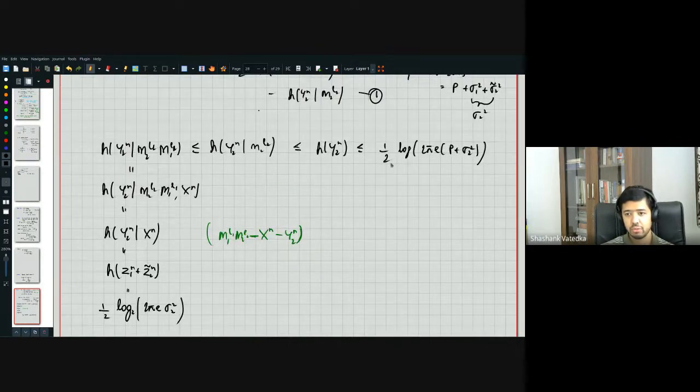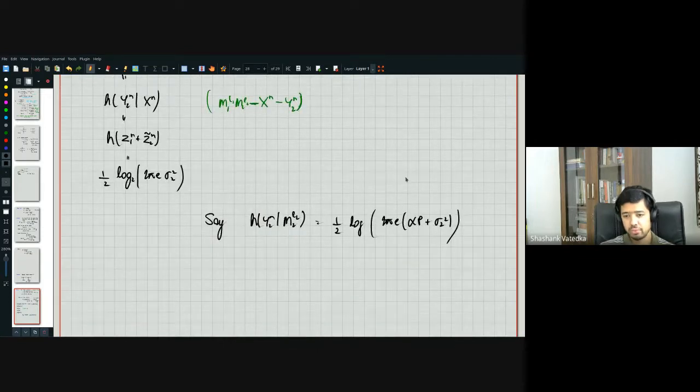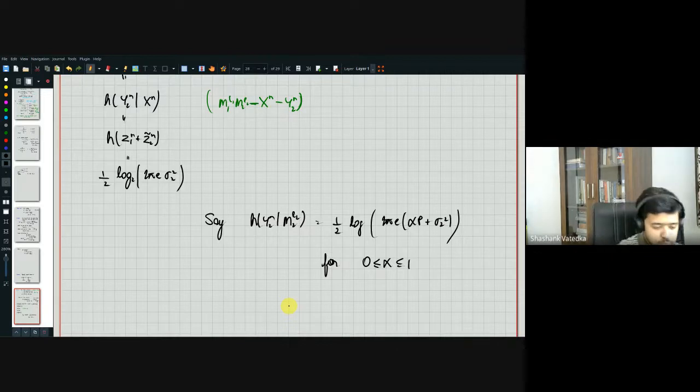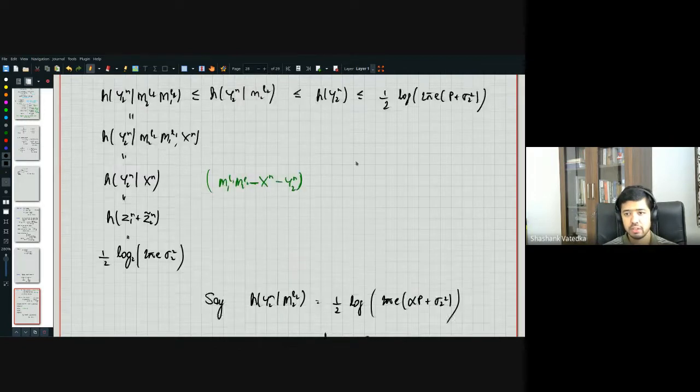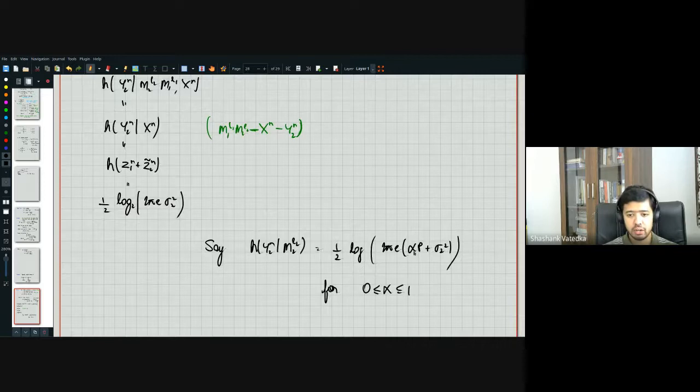When alpha equals 1, you get this number. So the correct value for a given h of y2 given m2 will be this for some alpha between 0 and 1.